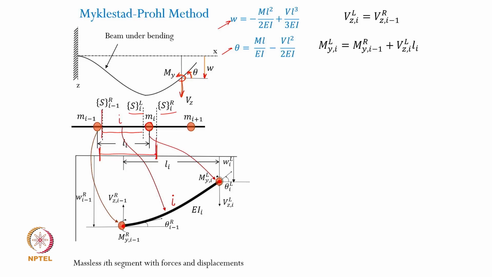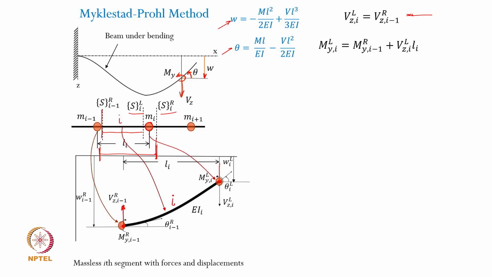Now if you look at the force balance, the shear force on this extreme end, that is on the right of the previous segment, and at this location the shear forces are identical, because between these two ends of the segment there is no other force that exists, right. So the vertical force balance will result into this particular balance equation.